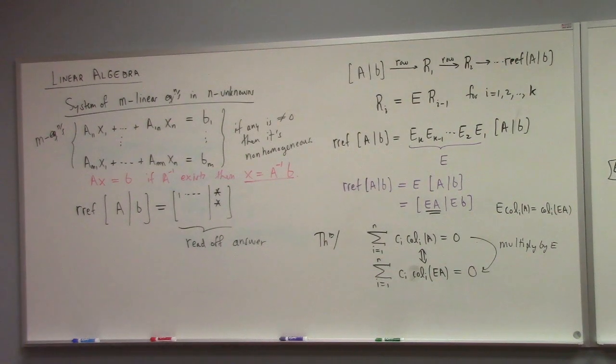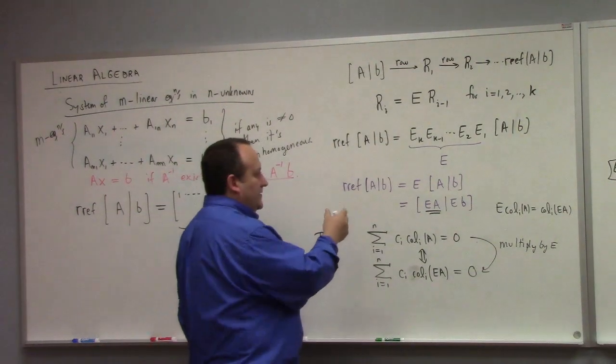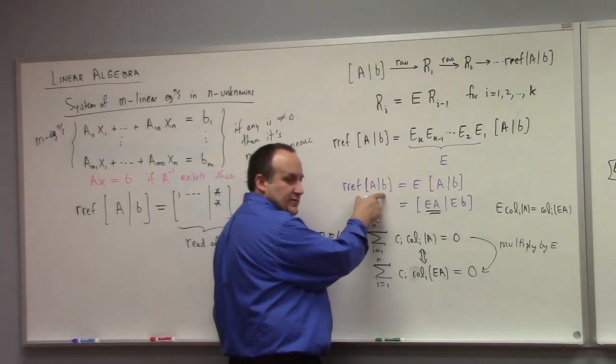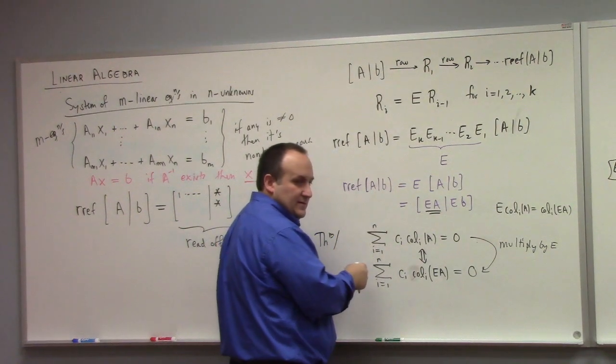What I'm proving for you right now is known as the linear correspondence. What it says is that any linear combination found in the reduced row echelon form of the matrix must also be seen in the original matrix itself.